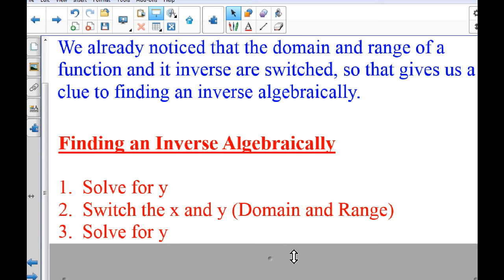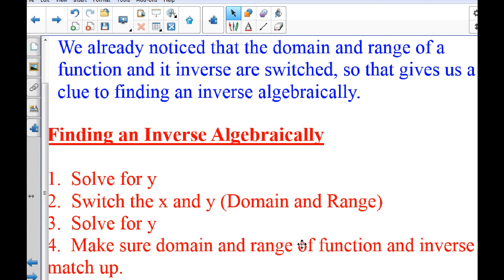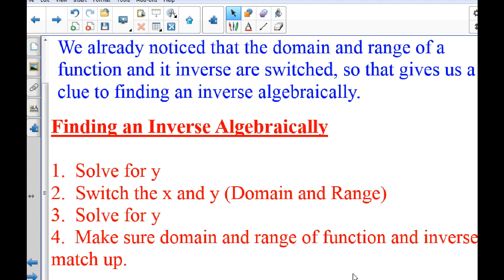You're going to solve again for the new y, and you're going to make sure that the domain and range of the function and inverse function match up. Alright, so there's a way to check the inverse and the original domain. We'll talk about that a little later on.